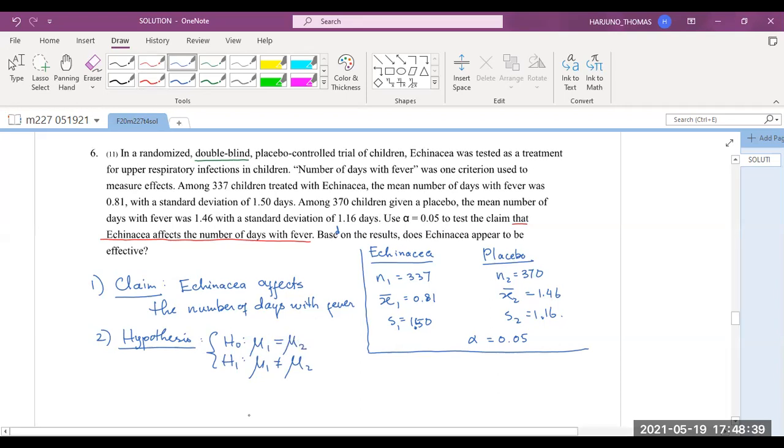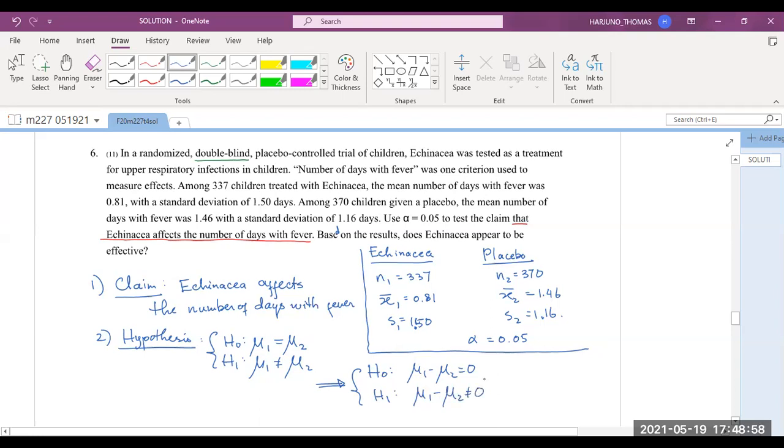Now we need to modify the hypothesis. H0 is mu1 minus mu2 equals 0. H1 is mu1 minus mu2 not equal to 0.